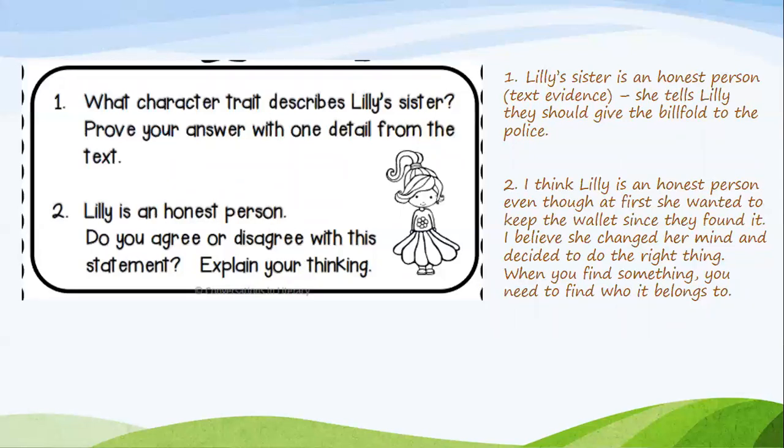Do you agree or disagree with this statement? Well, I do think Lily is an honest person, even though at first she wanted to keep the wallet since they found it. What I think happened is she changed her mind and then decided to do the right thing. When you find something, you need to find who it belongs to and not just keep it. That is what honest people do.